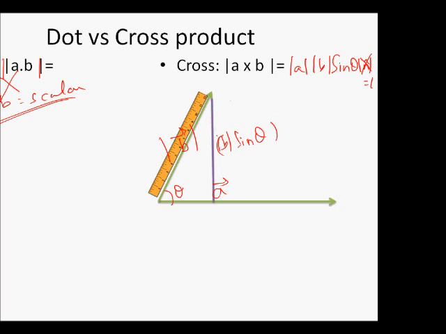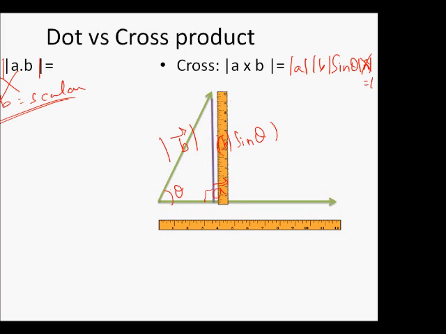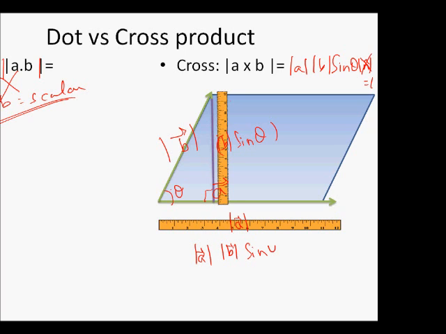Because this is theta, this is hypotenuse, and because this is 90 degrees, the blue line would have the length of modulus B sine theta. What is the blue line? The blue line is nothing but the height of the parallelogram, and this is modulus A, which is the base of the parallelogram. So modulus A modulus B sine theta, which is modulus of A cross B, is nothing but the base times height of a parallelogram, which is the area.